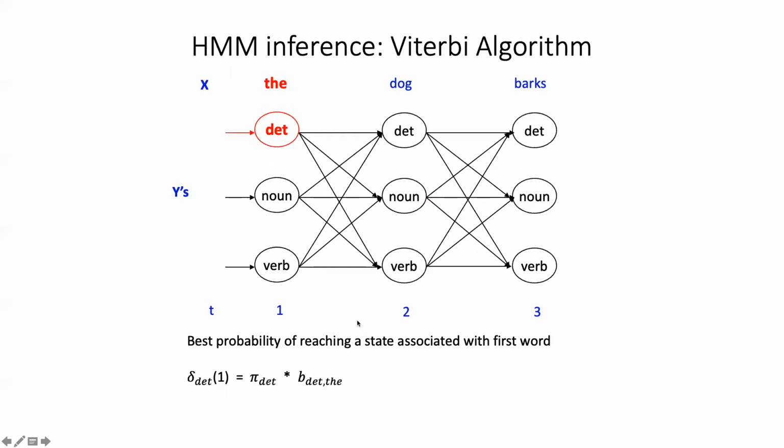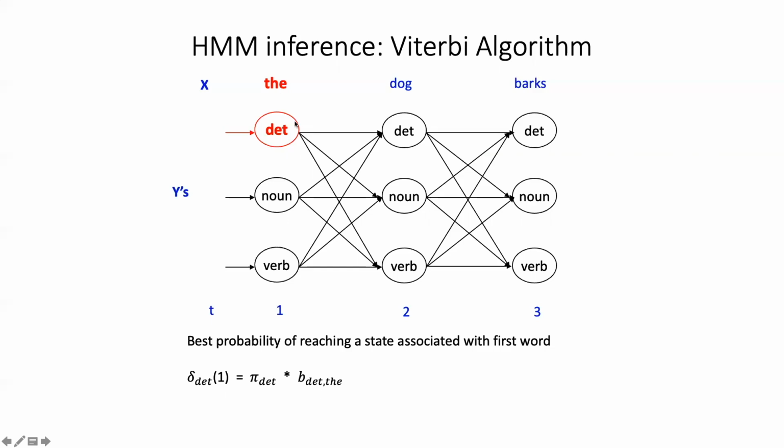In order to compute that, first let's see the possibility of coming from the determiner state and in that state emitting the symbol the. So this is computed by pi det multiplied by the emission probability of the word the being in the state determiner.